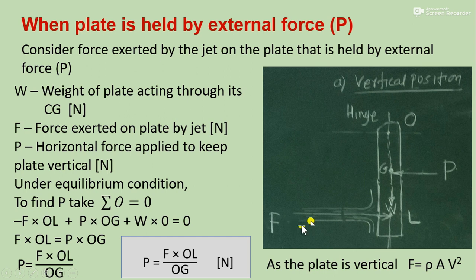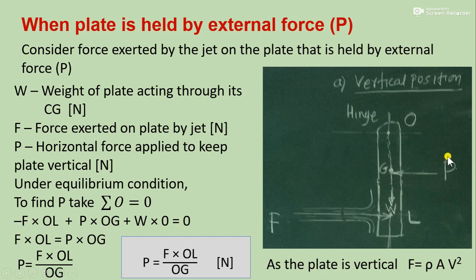Now the moment due to the force F is F multiplied by the distance between the line of action of the force and point O, that is OL. So F into OL is the moment due to the force, but as the moment is in an anti-clockwise direction, the sign is negative.